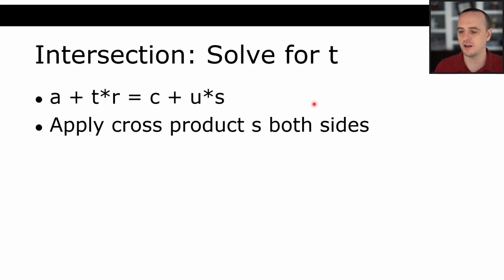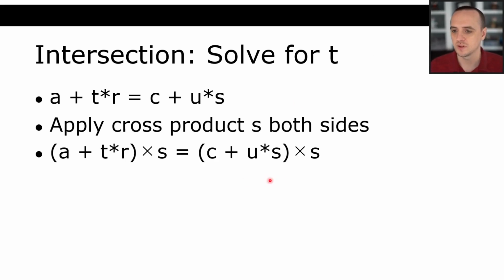So let's just apply the cross product of s to both sides. Okay? So, if we take the left side, put it in parentheses, and then cross it with s, that is equivalent to the right-hand side, put it in parentheses, and cross it with s, right? When we're deriving stuff, we can apply the same operation to both sides, and it'll be the same.